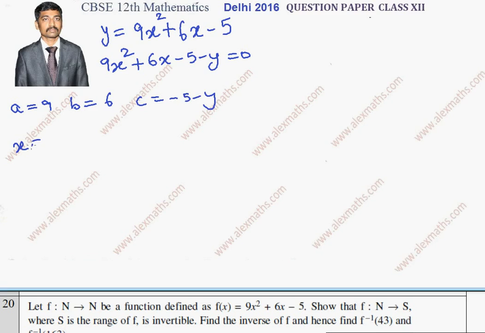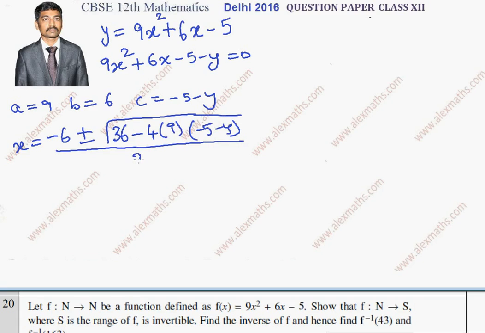So x is equal to minus b plus or minus root of b square minus 4ac whole divided by 2a. On simplifying this, inside the root we have 36 and 36. If I take it out, it will come out as 6. This will become 1.